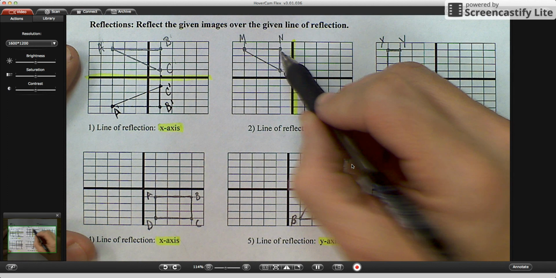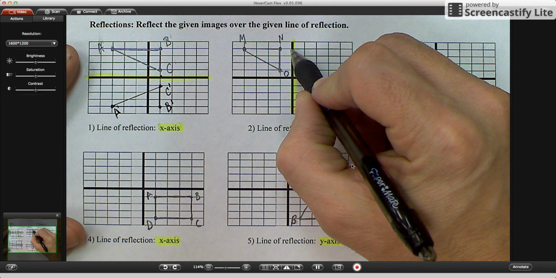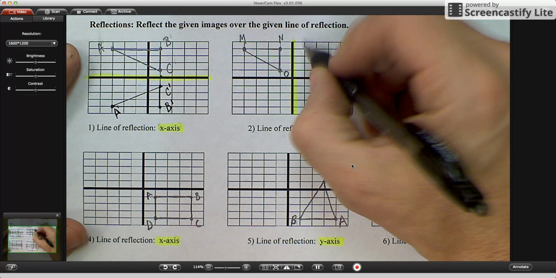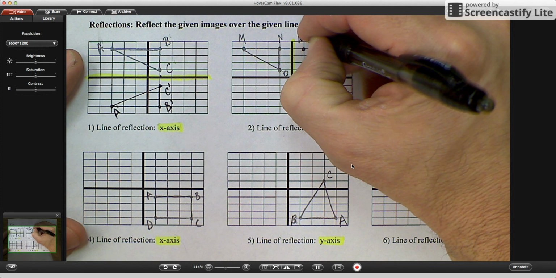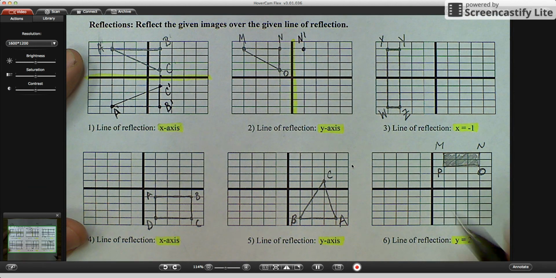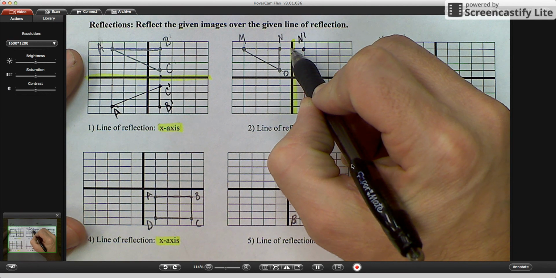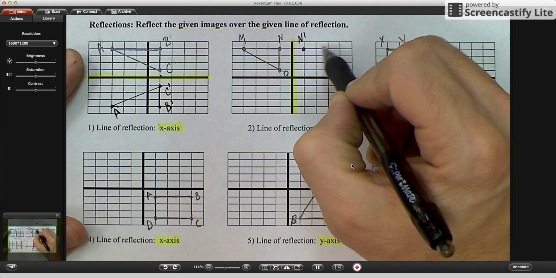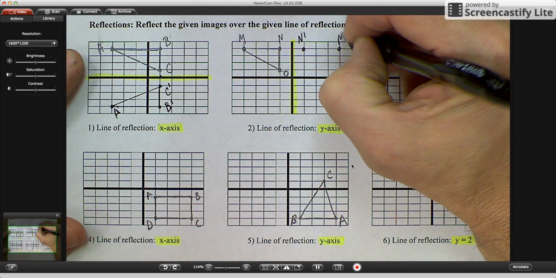So I'm going to do the 2 close ones first, and I'm going to say that vertex N is 1 unit away from the line of reflection. So I'm going to go 1 unit in the opposite direction, and I'm going to write N prime. M is 1, 2, 3, 4 units away from the line of reflection. 1, 2, 3, 4 units away in the other direction. M prime.